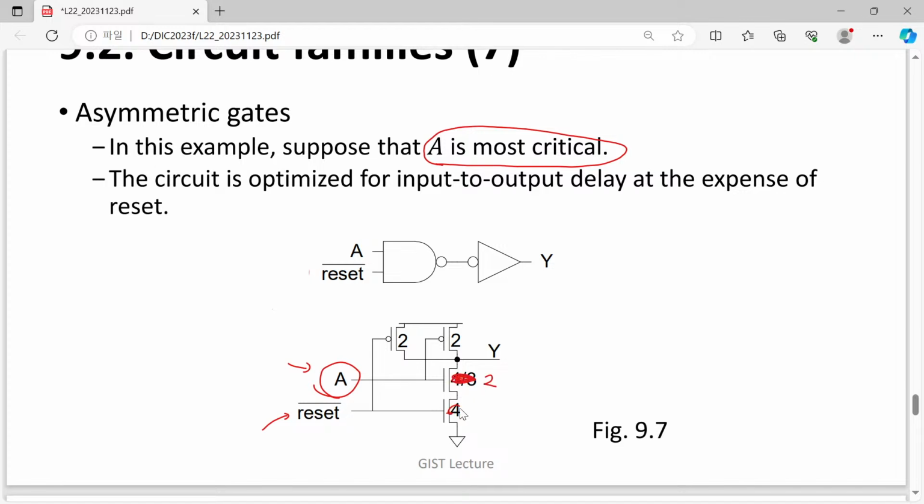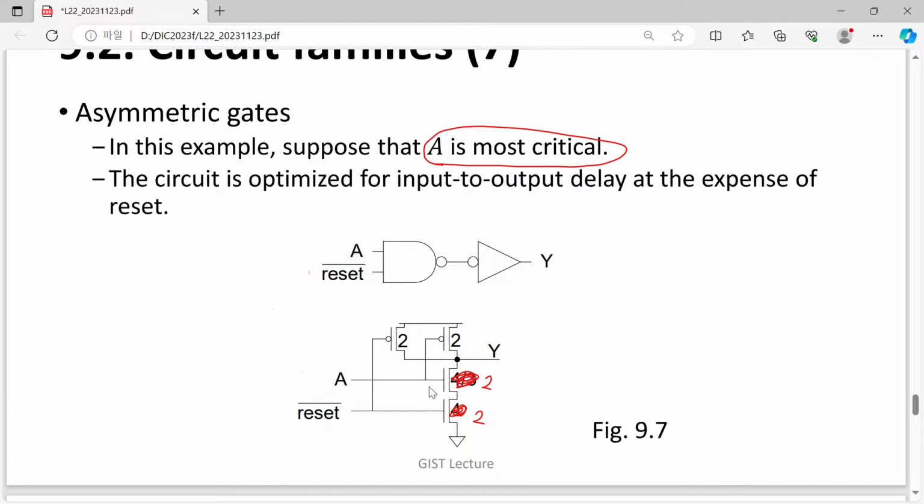So 2, 2. This is the reasonable way to do that. But in this slide, we have a further consideration. Here, let's say we have the conventional design, the MOSFET ratio.